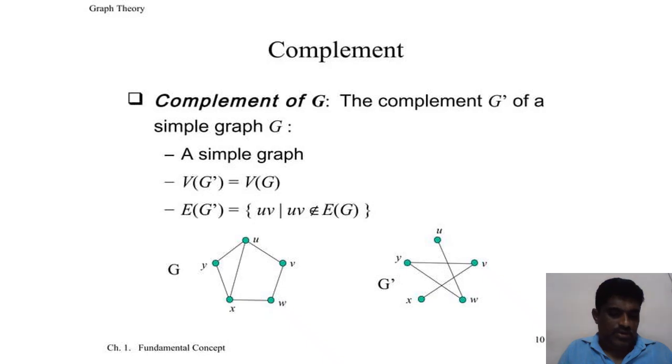And third rule, the edge set is all the pairs of vertices that were not edges in the original graph. That is represented as edge set E dash equals UV, where UV is a pair of vertices such that UV does not belong to the edge set of the original graph.